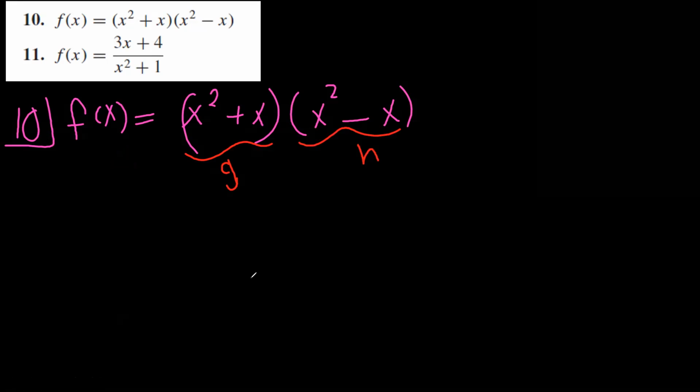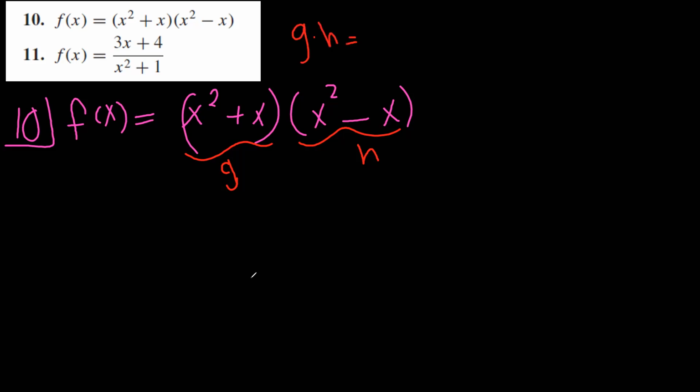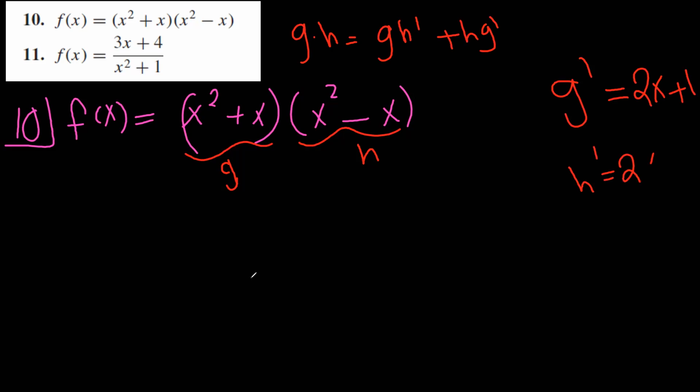And the product rule says that if you have g times h, its derivative is g h prime plus h g prime. So I need to find g prime. If g is x squared plus x, so g prime is 2x plus 1. And if h is x squared minus x, so h prime will be 2x minus 1.